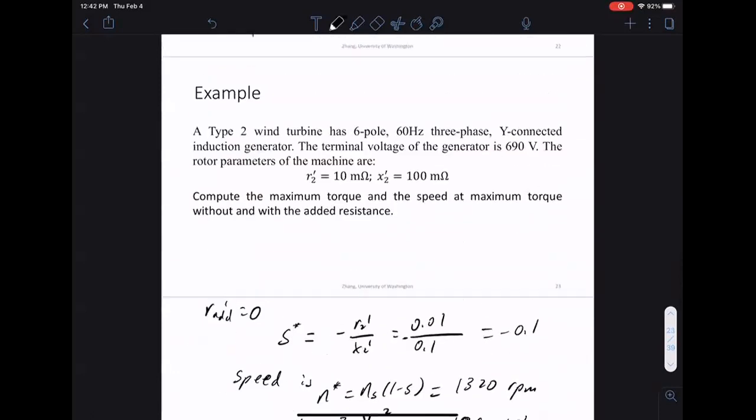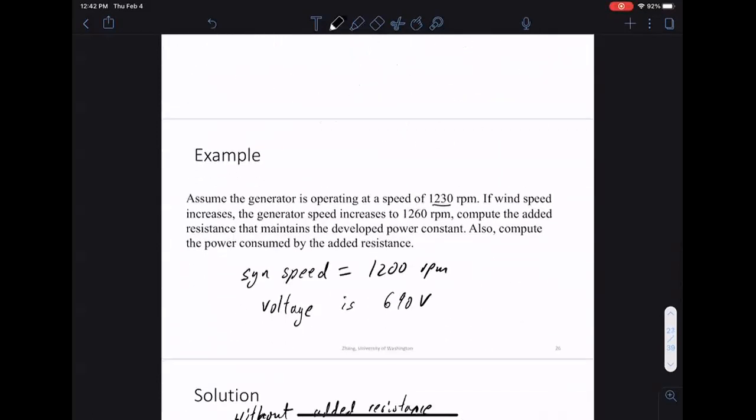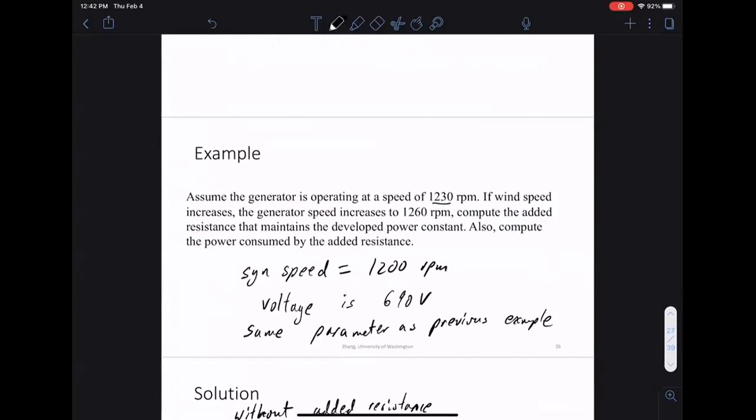So what do I want? The same parameters as the last question. For simplicity, let's use the same parameters as the previous example, so we have R2 prime is 10 milliohms, X2 prime is 100 milliohms.